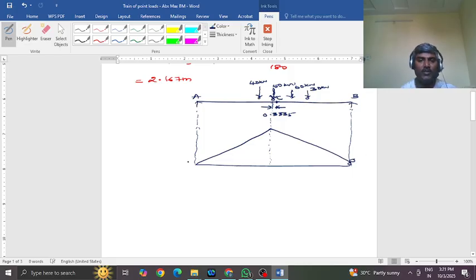So now this is the ILD for bending moment under this 50 kilonewton. Okay, so let us drop all these loads. Now the 40 shall be dropped onto the ILD, and you drop this 60 and drop 30.